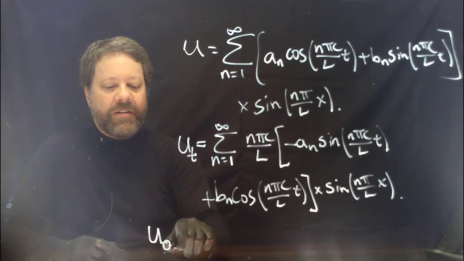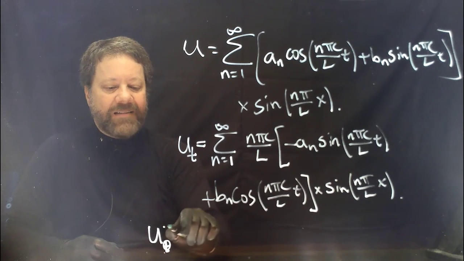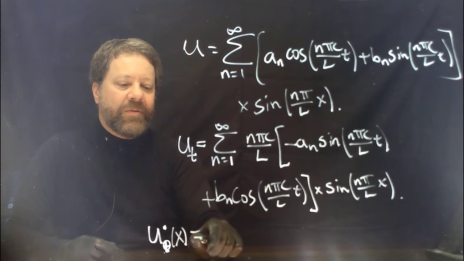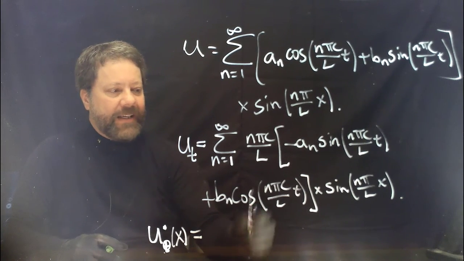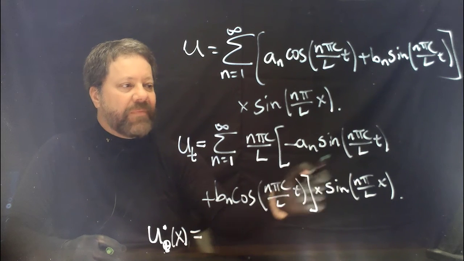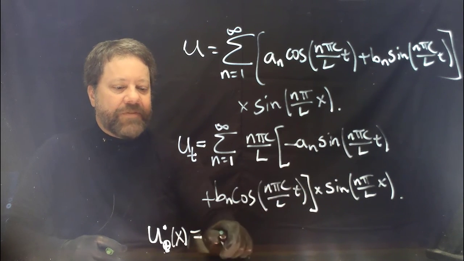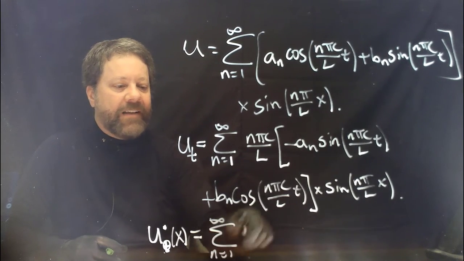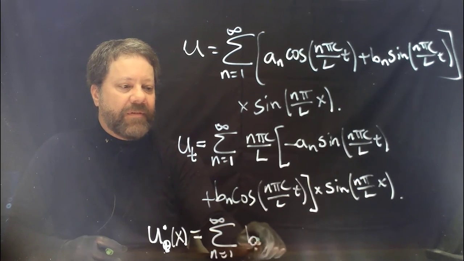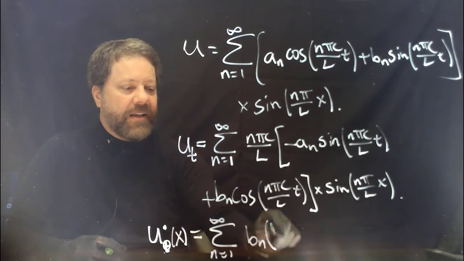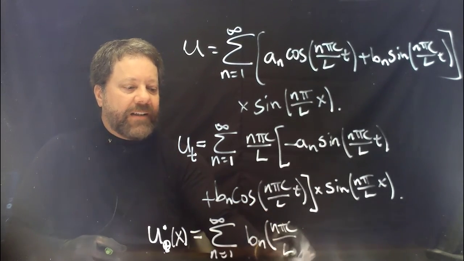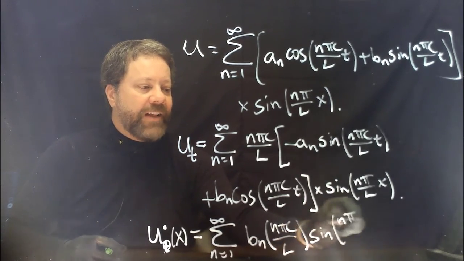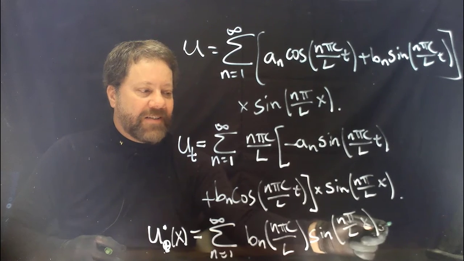Now, ut dot at x, the initial velocity, will be what you get when you plug in 0 for t. 0 for t cancels out the first term, and we end up with the sum, as n goes from 1 to infinity, of bn times this n pi c over L times the only thing left, the sine of n pi over L x.